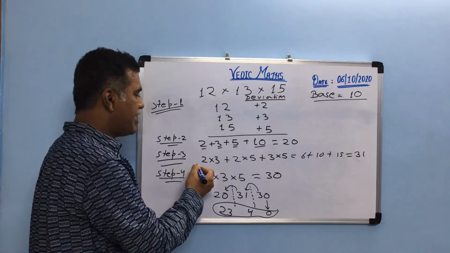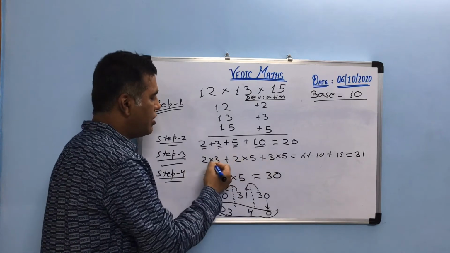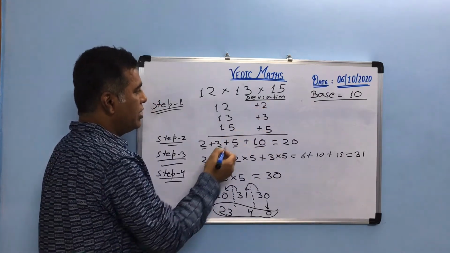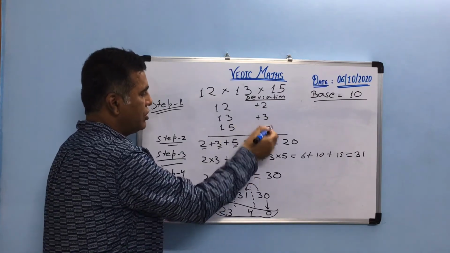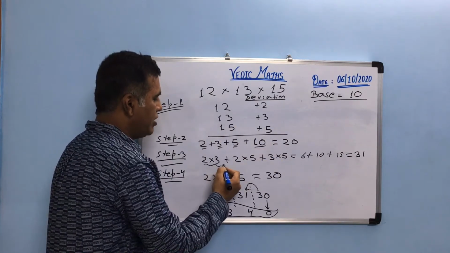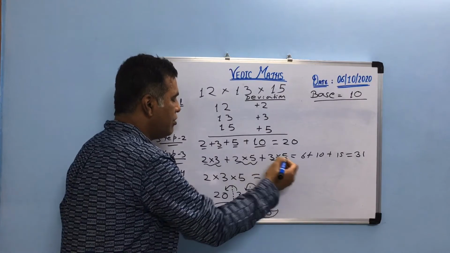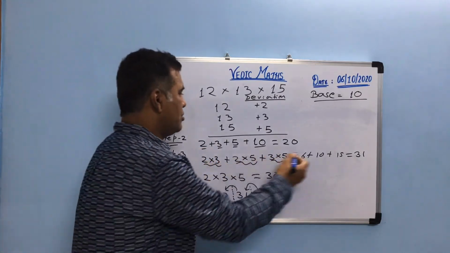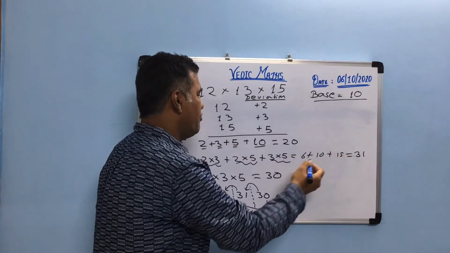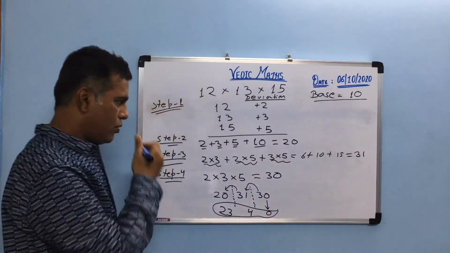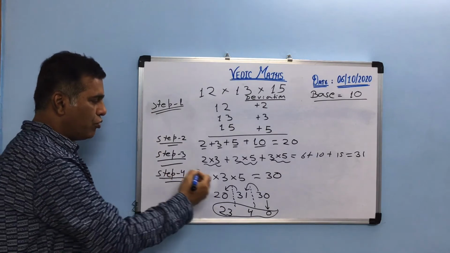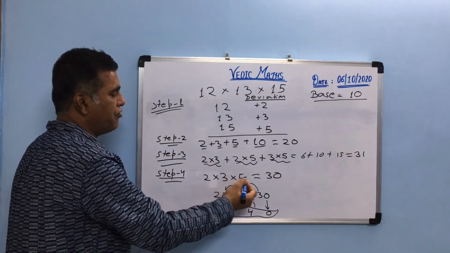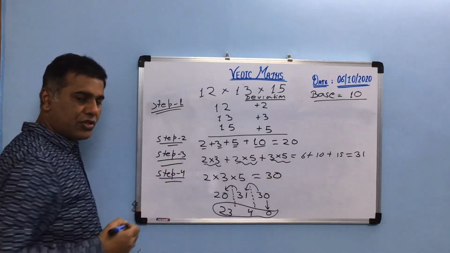Then in the second step I will take the product of the differences in pairs: 2 into 3, 2 into 5, and 3 into 5. So there are 3 pairs: 6 plus 10 plus 15, which becomes 31. And in step 4, we will simply multiply the differences: 2 into 3 into 5, which is 30.